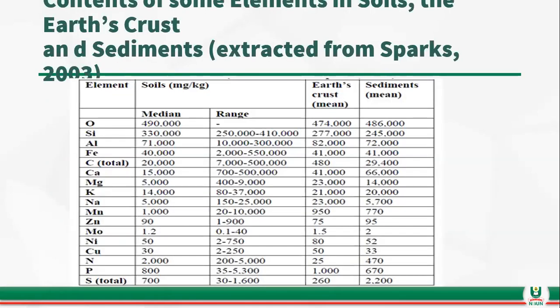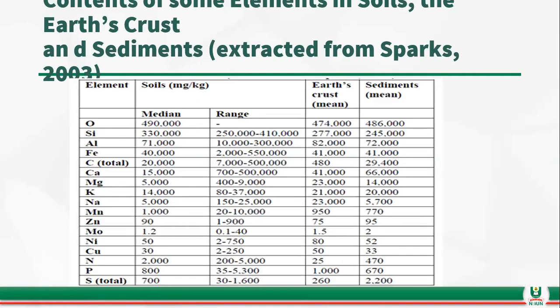Of course, we can see here most of the common elements in the soil, as well as their mean quantity in soil. For instance, here we can see oxygen having about 490,000 milligram per kg in particular soil. And this is their mean, in that order for almost all the soils. We can also see their ranges, the ranges in which they are in the soil.